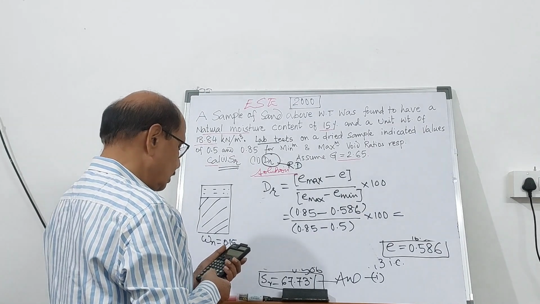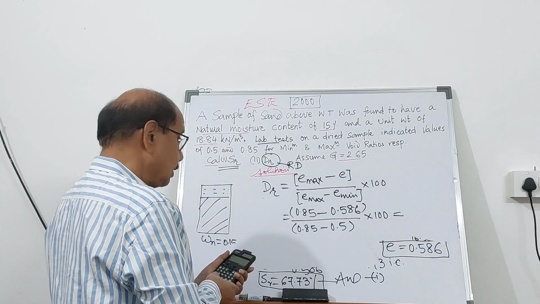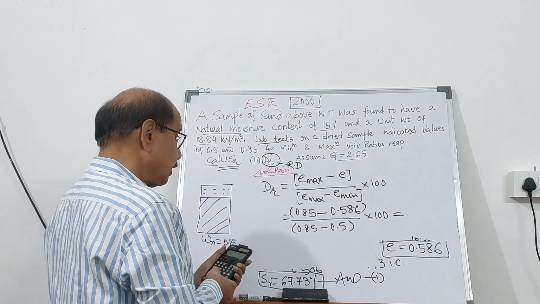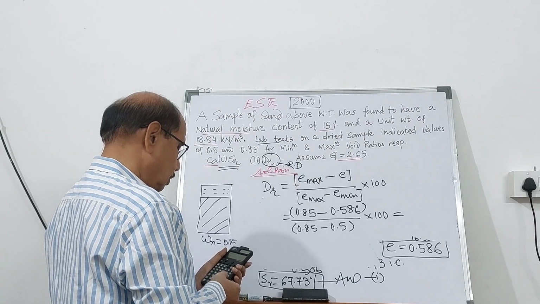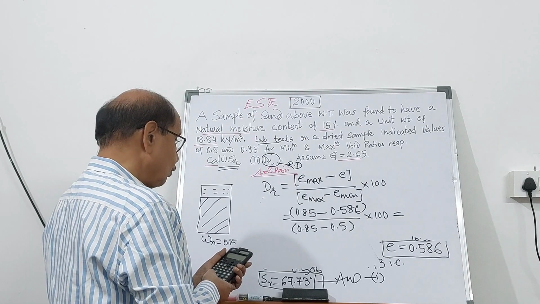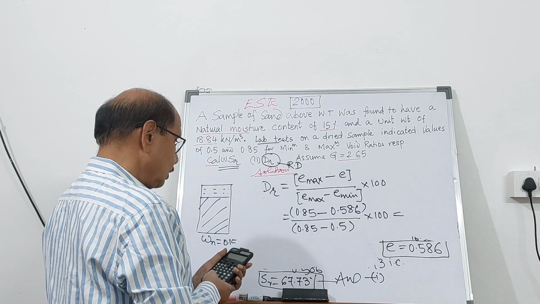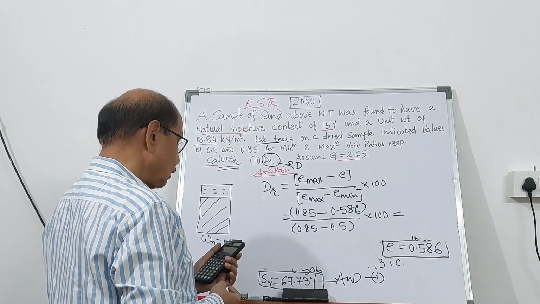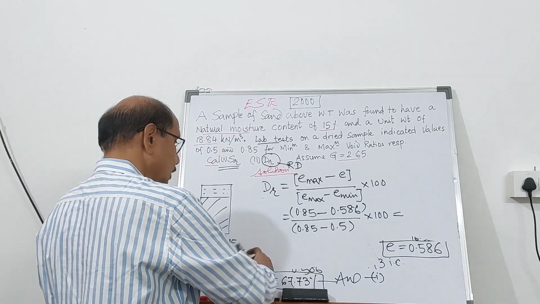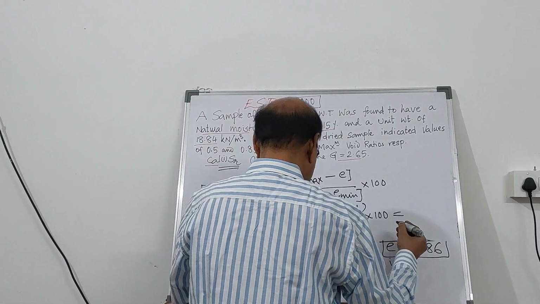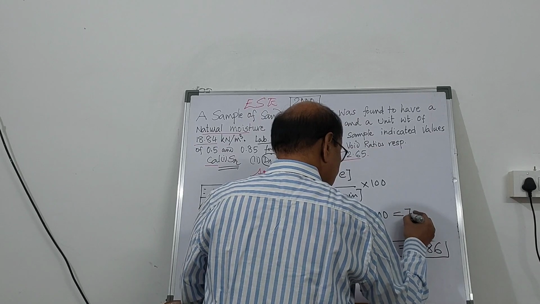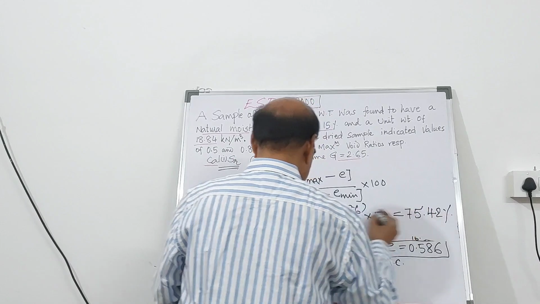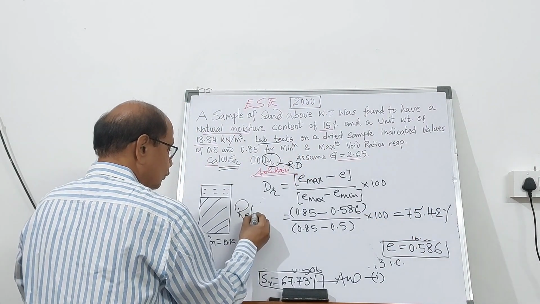Calculating this, 0.264 divided by 0.35, we are getting the value as 75.42%. So this is the value of relative density.